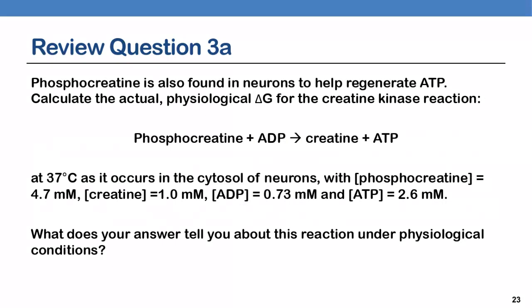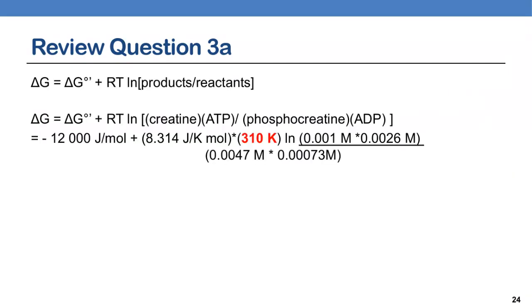All right, so I'll flip to the next slide. Remember, this is our Gibbs free energy, so you need to take into consideration the concentration of products, reactants, temperature, and then we're going to have the standard free energy value. So this is going to be negative 12 kilojoules per mole, because the standard free energy of phosphocreatine and ATP is going to be negative 12.